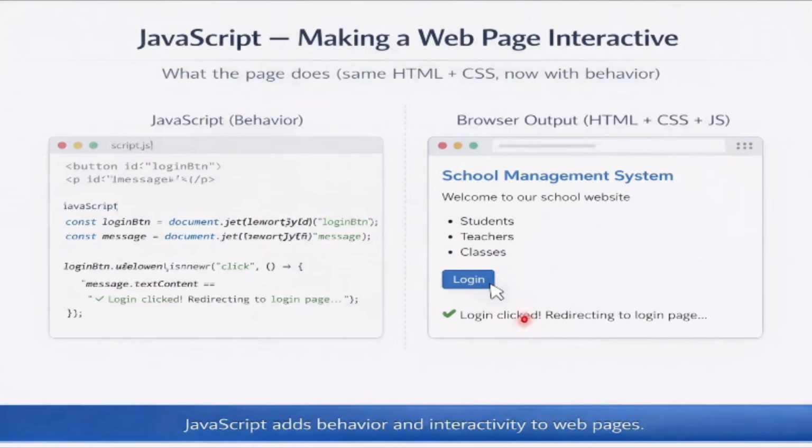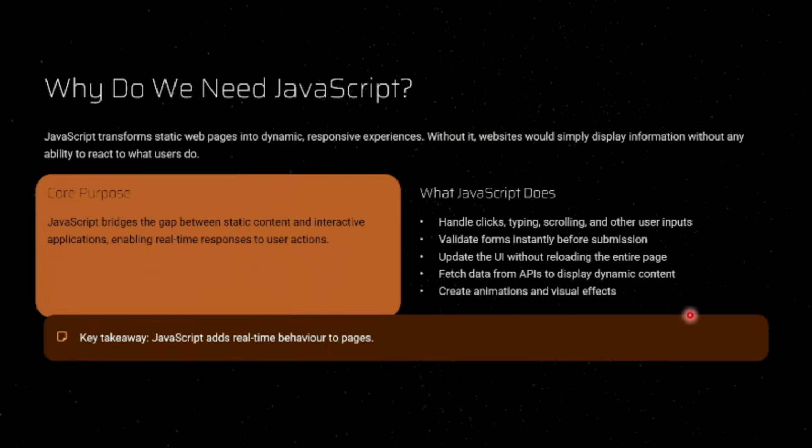You can do anything. Just for the sake of example, I have written down a simple text. You can use it to show a message, or maybe redirect the user to a different page. All these things can be achieved only through JavaScript. Now, if somebody asks you why we even need JavaScript, as you must have already understood the role of JavaScript, the simple and core purpose of JavaScript is to make our static content interactive.